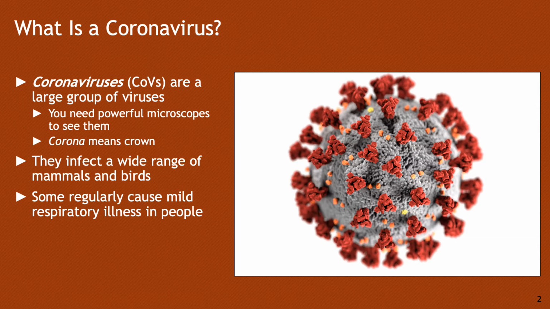Corona actually means crown, and that's how this virus got its name. These coronaviruses may infect a large range of animals and birds, and sometimes they can cause a mild respiratory illness in people.